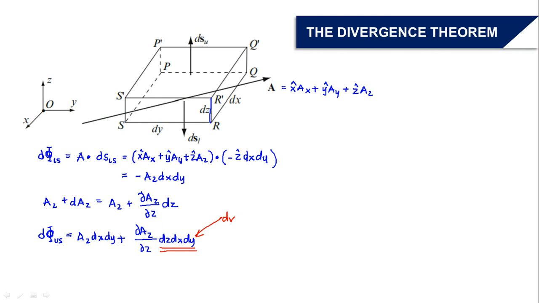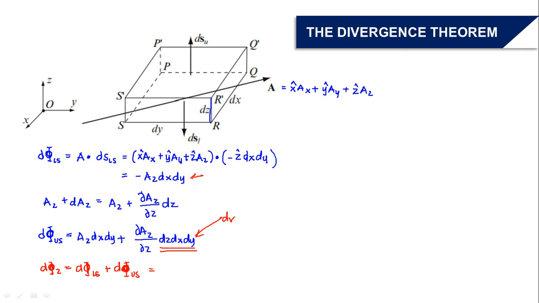Therefore, para makuha natin yung total flux, okay, total flux, and that is the flux in the z direction, it is equal to the summation ng parehas na flux. No? Yan, flux with the upper. So, ano mangyayari dyan?